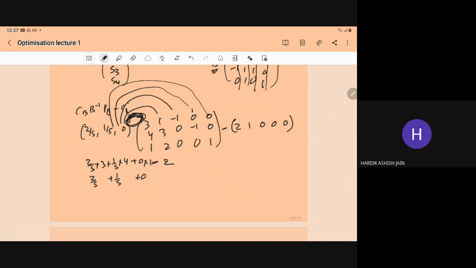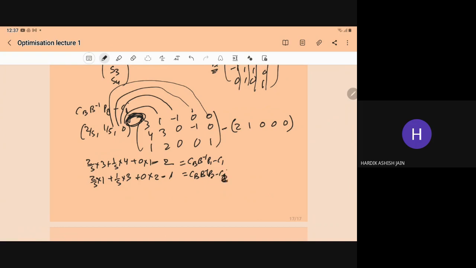Then from the second column we have 1, 3, 2, minus 1. So that is CB B inverse P1 minus C1, CB B inverse P2 minus C2.